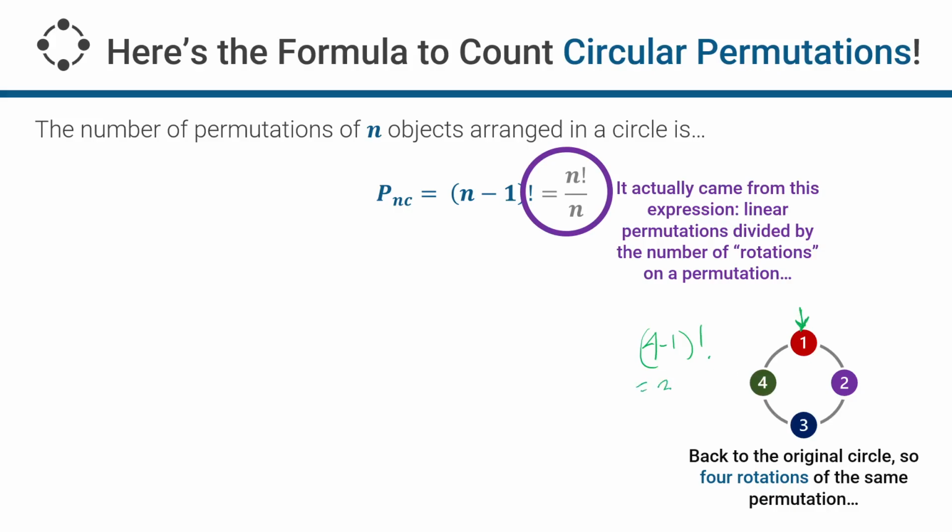Because it goes to 3 factorial, it makes sense that these three items will be the only ones changing places, because if we change places together with the 1, it will be the same arrangement. So we would like to have a reference point 1, or whatever that may be, and then everyone else changes places. That is why it is 3 factorial, or n minus 1 factorial. Hope that makes sense.